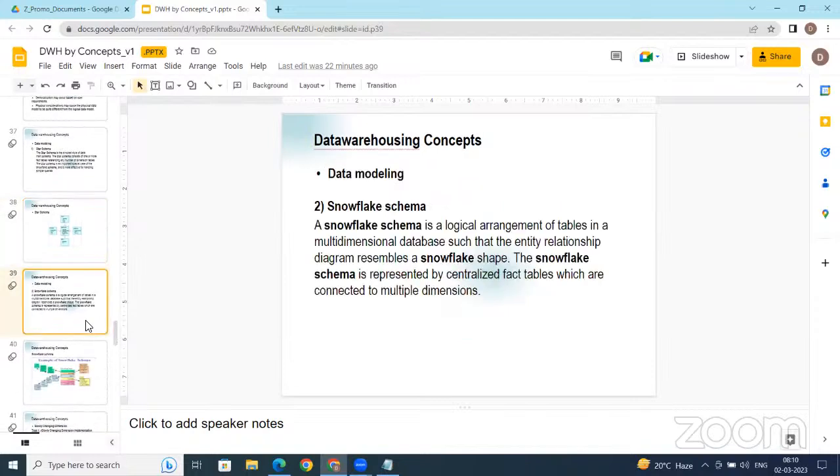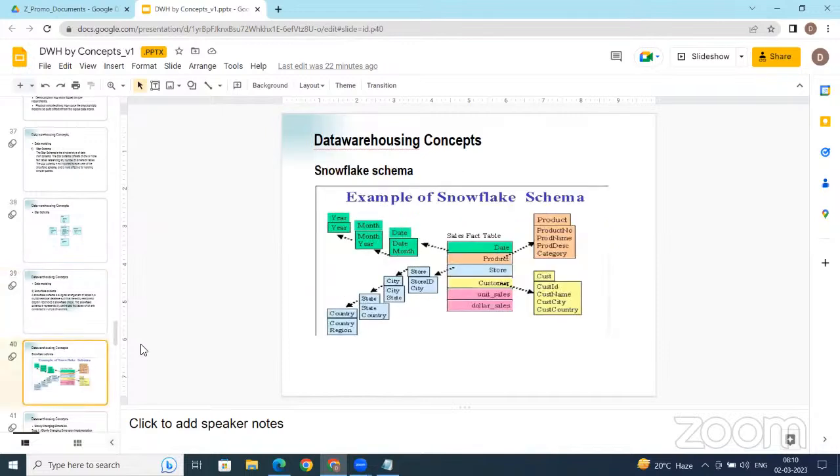And Snowflake. When we create a Snowflake schema, it is because if you want to load the data into dimension tables, 2 to 3 sub-dimension tables are required. In that scenario, a dimension table contains sub-dimension tables.